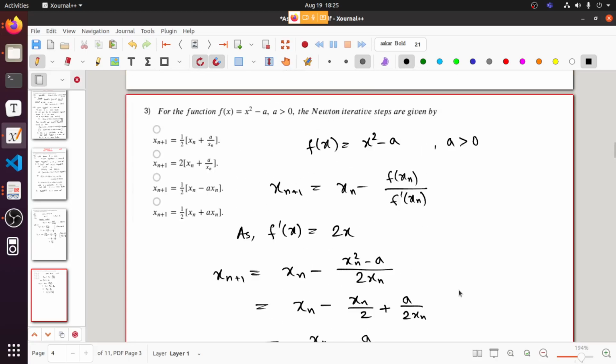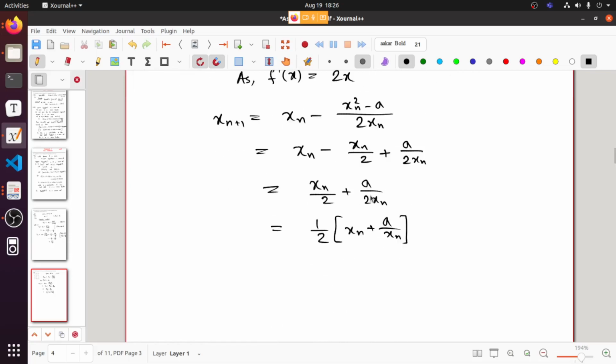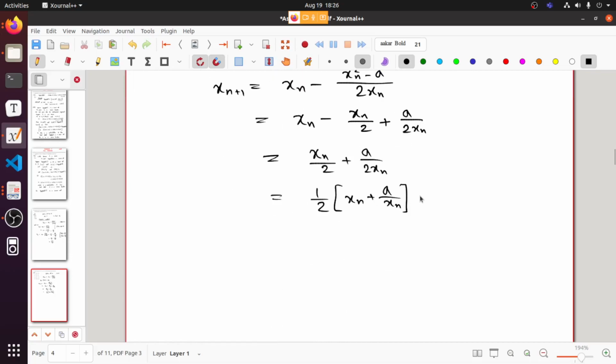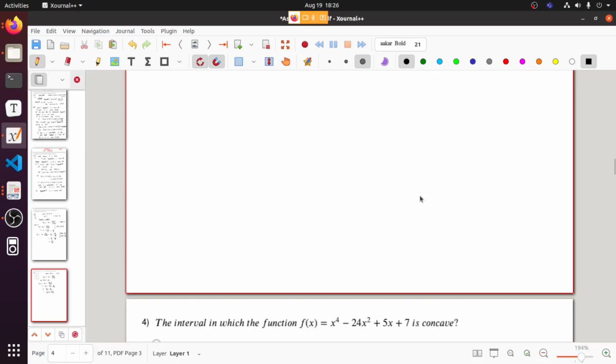So just check which answer is correct. The first option is correct: x n plus 1 is half of xn plus a by xn. All other options are incorrect. So for 3, option A is correct. Okay, it's fine, right? Let's move to the next question.